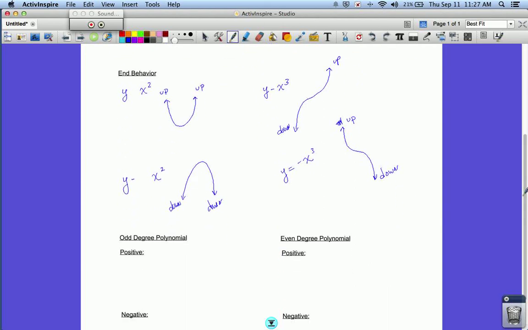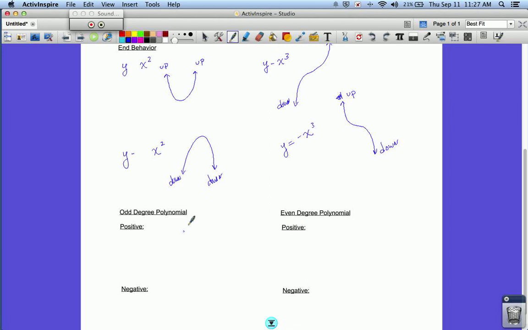Let's try to generalize that. If I have an odd degree polynomial, like an x, or an x cubed, or an x to the 5th, or an x to the 7th, okay, odd degree, and it's positive, like x cubed. This is supposed to be an equal sign. Look at all this stuff disappearing here. Watch this, a little magic for you.